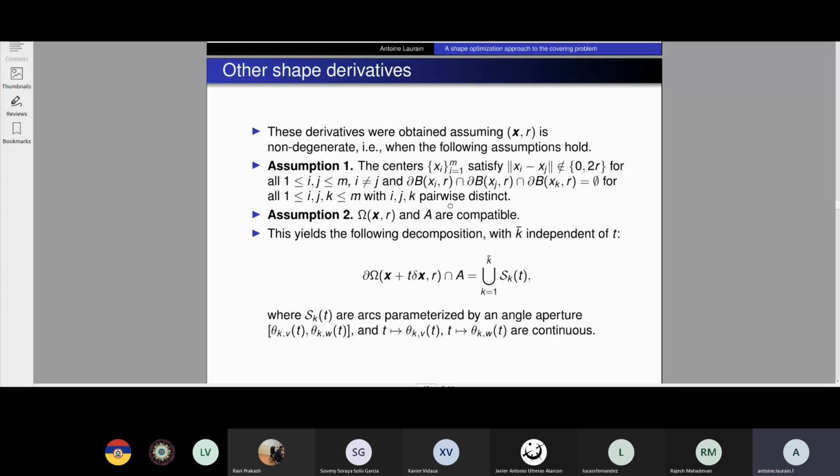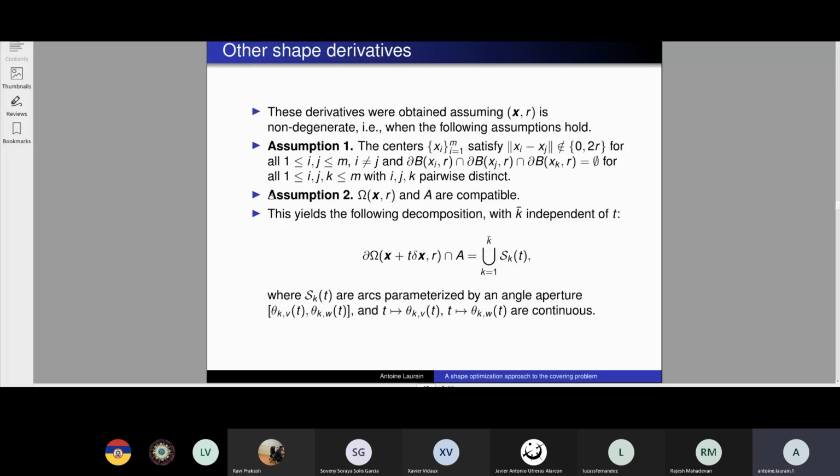So the first assumption is that, basically, you can summarize like this: the balls cannot be tangent, and they cannot have exactly the same centers. Also, you cannot have three disks which intersect exactly at the same point. I will show some pictures afterward.